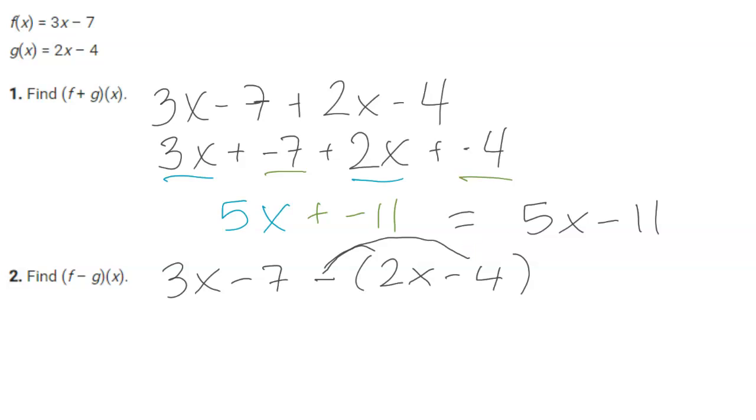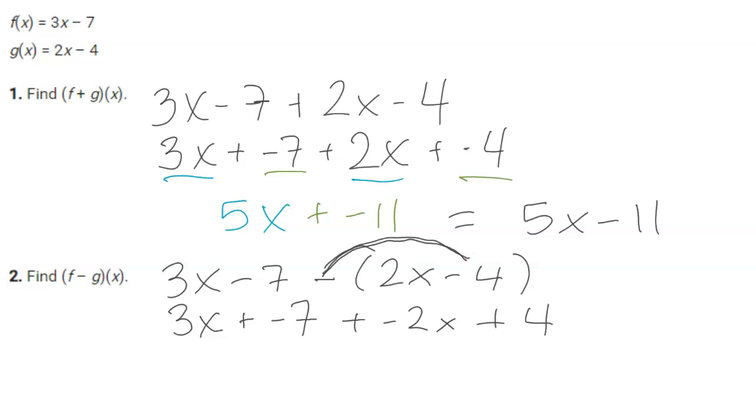So I'm going to keep this first one the same, and I'm going to do what I did before, which is translate that to plus a negative number, so that when we go add our coefficients, it's a little easier. So here we're going to add a negative 2x, and we're going to add a positive 4. Right, when we do our minus and our negative, a minus negative changes to a plus.